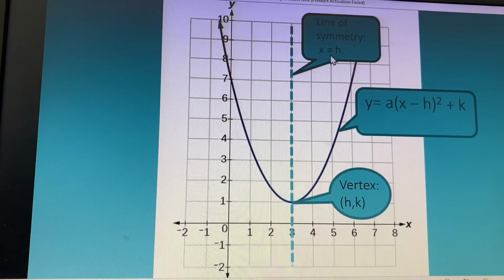The line of symmetry here is x equals h, meaning whatever the value of h, that will be the line of symmetry. This quadratic function follows the general formula y equals a times (x minus h) squared plus k.